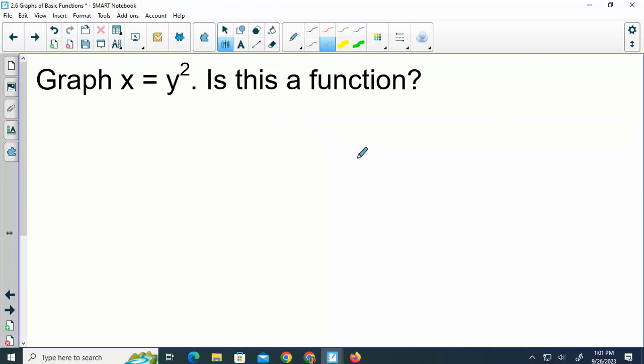You can make a t-chart for either the original or that. If I'm looking at these points, if I were going to plug them into the original, would it be easier to plug in numbers for x or for y? Normally we put them in for x, but here I would almost say it'd be easier to plug in for y because then you could just square it and get your x value.